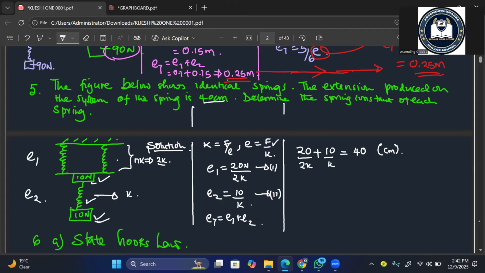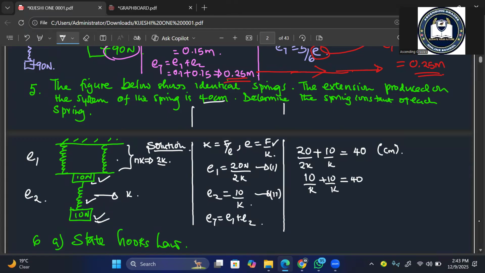We can divide it through by 2 in the first part. I don't like canceling, but anyway, by 2, 1, by 2, 10. So we can have 10 divided by 2, by K, plus 10 divided by K, you get 40.